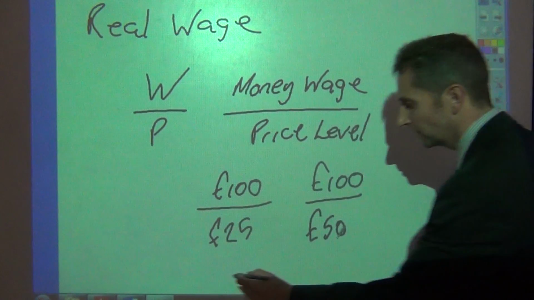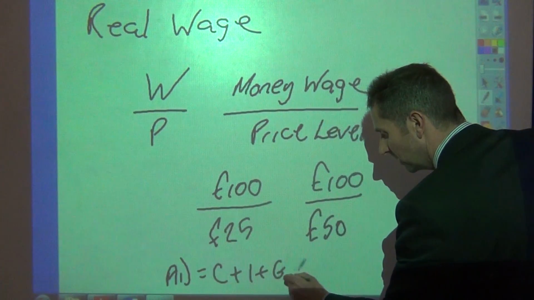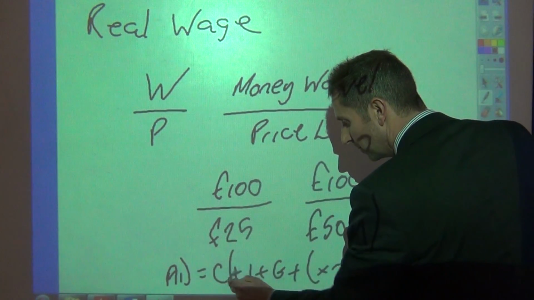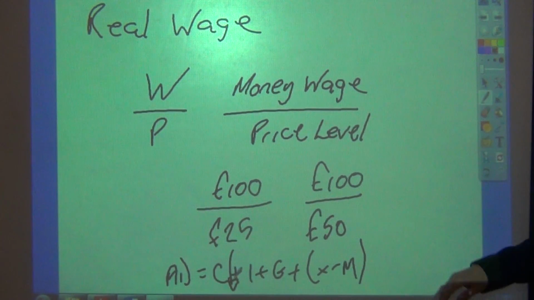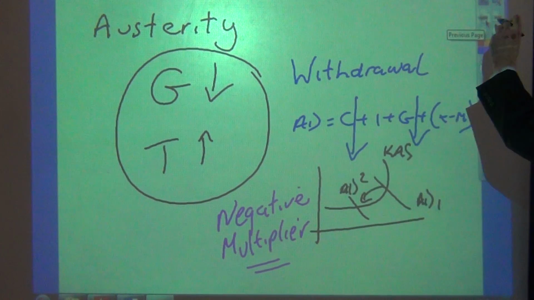Again, what is that going to hinder? It's going to hinder AD. C plus I plus G plus X minus M. It's going to hinder the C component. Consumption levels falling, back to the same analysis, AD curve shifting to the left.